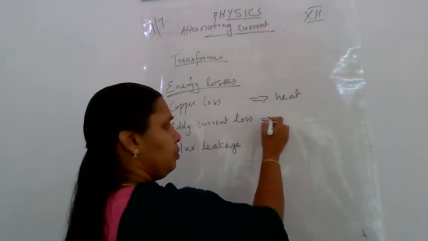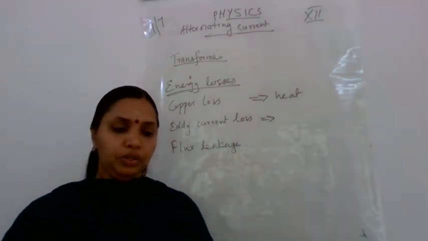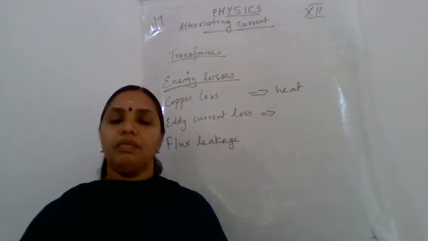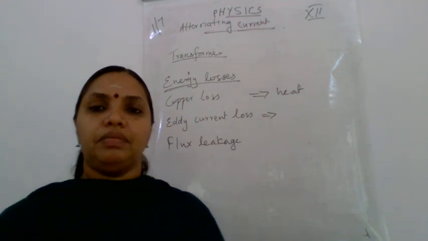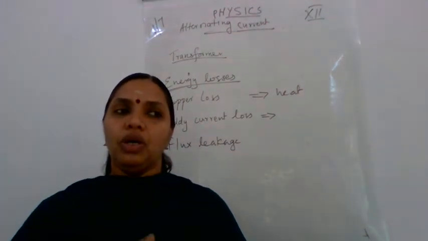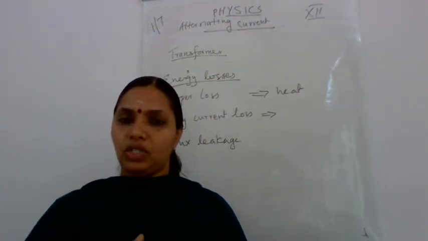Then eddy current loss. What is that eddy current? It is the current produced because of the change in the flux associated with a metallic frame. Here we are using the frame, isn't it? And the coils are wound over that metallic sheet. So there is a magnetization. Alternating current flows, so there is a flux change.